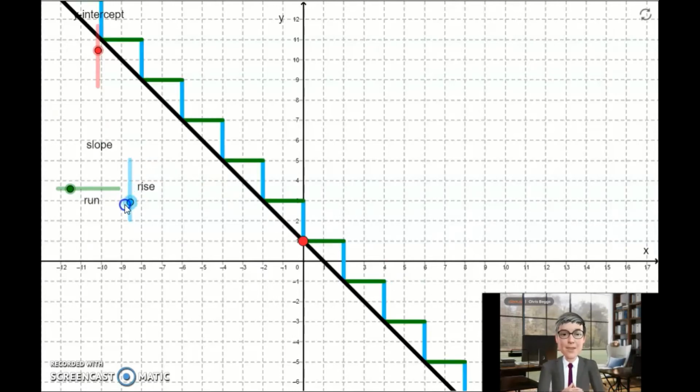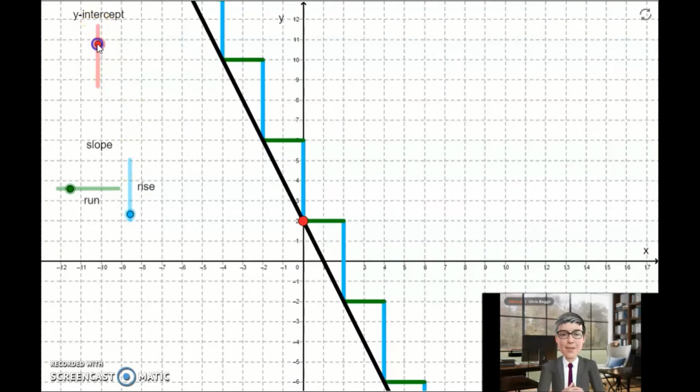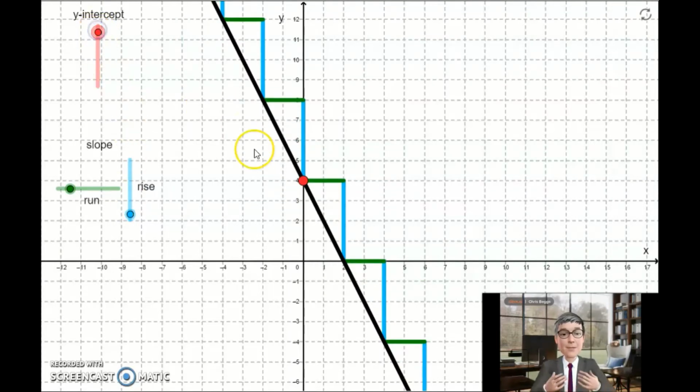There we have a minus 1 and minus 2, and we can move the graph up and down as we see fit. So here my run is 2, my rise is minus 4, so the slope is minus 2. The equation will be y equals minus 2x plus 4, because that's the y-intercept.